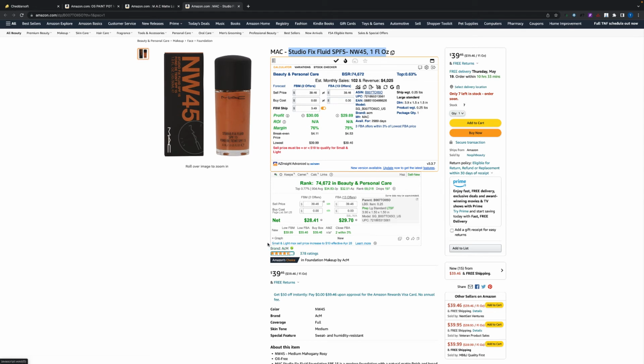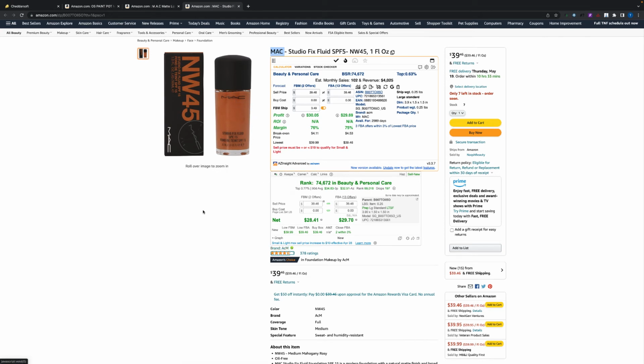It's creating confusion, and you're using our trademarked name and images. Notice that they use the MAC name in the title, but that is a trademarked name. And so if you're going to be using that name, you want to make sure that the brand you have it listed under is a match to the brand that you are selling.